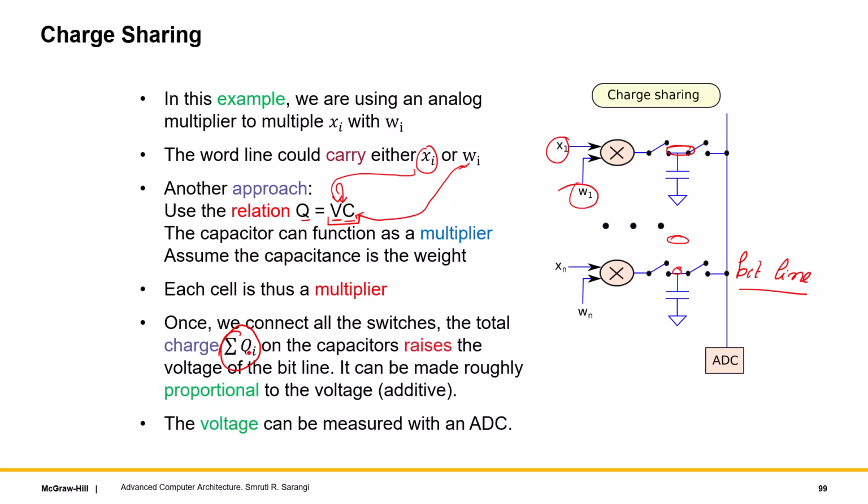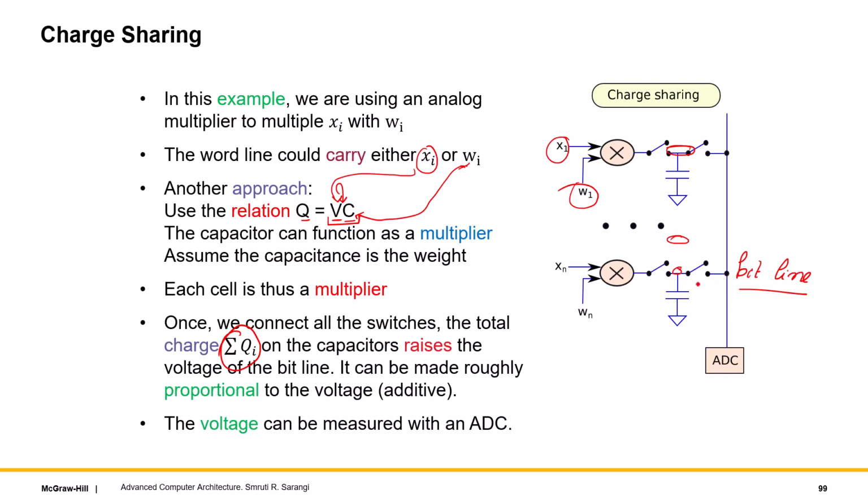Of course, the relationship between the total charge and the voltage will depend on the parameters of this circuit, but the circuit can be massaged to make it a simple relationship by changing the parameters.